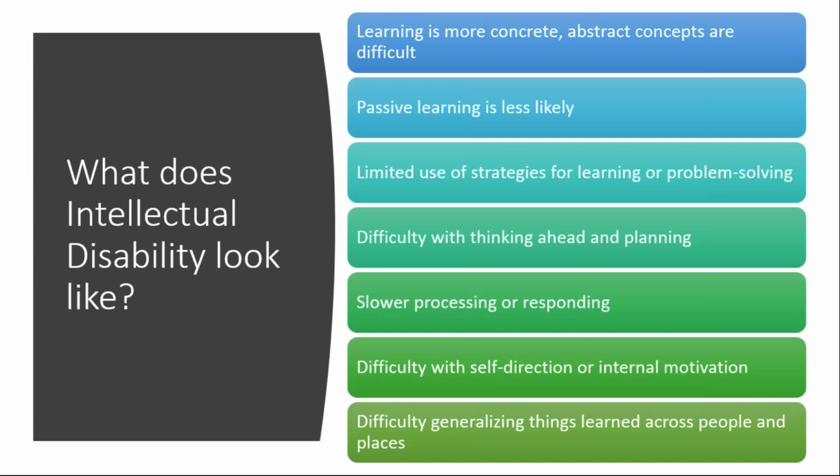And so then we can be confused about why is that the case. But sometimes that can be because there's this lack of generalization. So we might have to actually practice a skill across different people and across different places in order to really get to the point where we've mastered that skill.